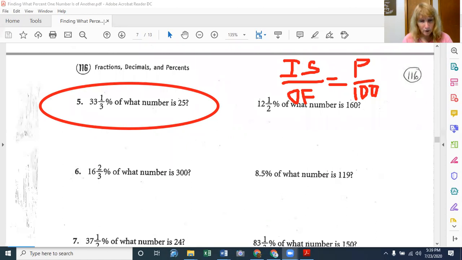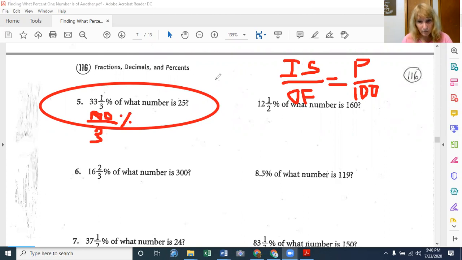So what I'm going to do first is change 33 1/3% over to an improper fraction. So 33 times 3 is 99 plus the top number is 100. So this is now 100 thirds. Let's see 100 there. 100 thirds percent. Same thing, just change it to improper.